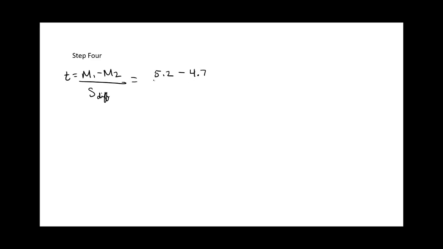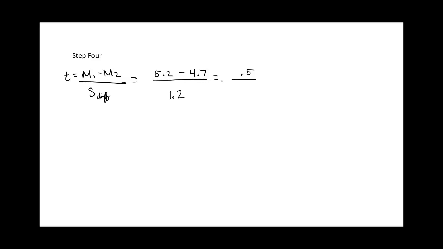We divide that by the estimated population standard deviation of the differences between the means, which is effectively the standard deviation of the distribution of means, which is equal to 1.2. We carry this forward. 5.2 minus 4.7 is equal to 0.5. So we know that group number 1 had 0.5, or half of an outburst per day, more than group number 2.